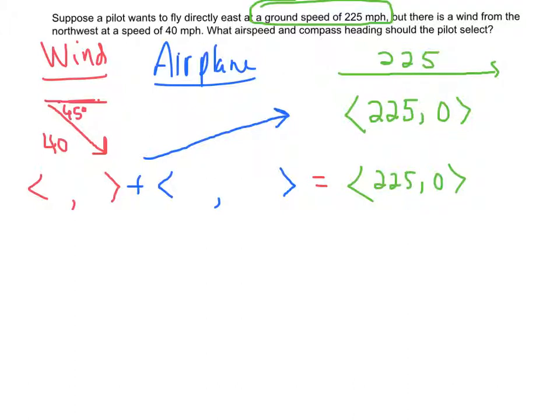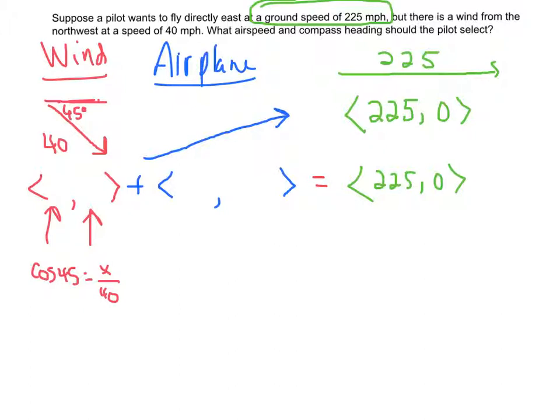So let's figure out what the x and y components are of the wind vector. And to do that, we're going to do cosine of 45 degrees equals the x value over 40. And when I type that into my calculator, cosine of 45 times 40, and I get 28.28.